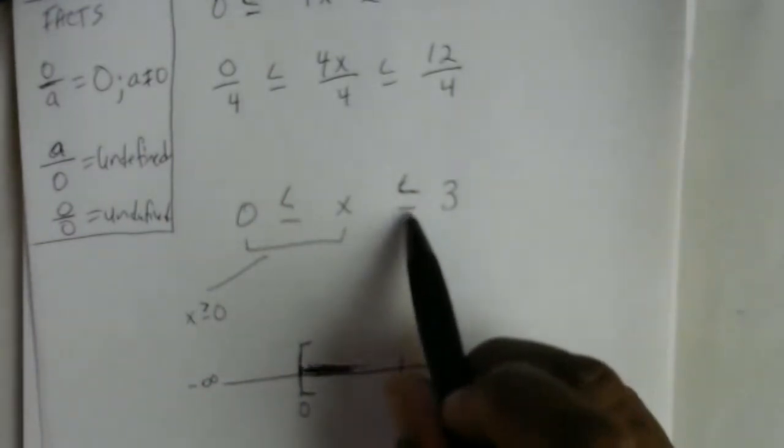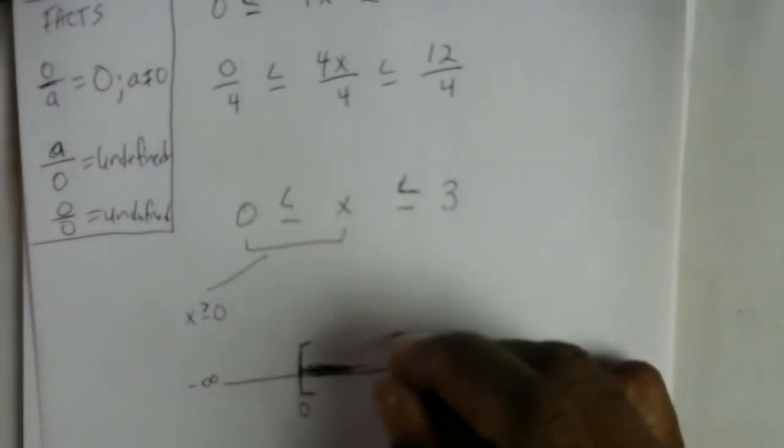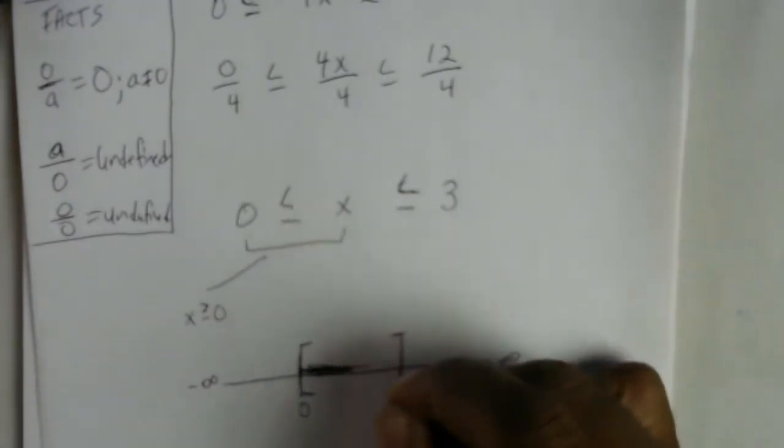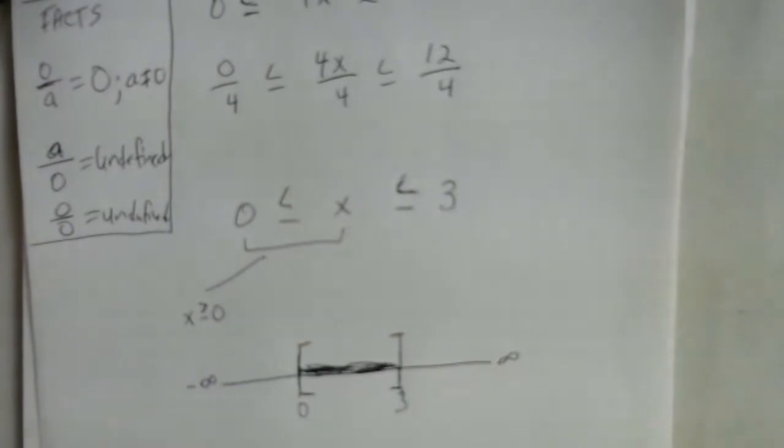And at the same time, x is less than or equal to 3. Since I have an equal to bar, I'm going to use a bracket at 3. That bracket should face the left because we want all numbers less than or equal to 3. The line should also extend to the left.